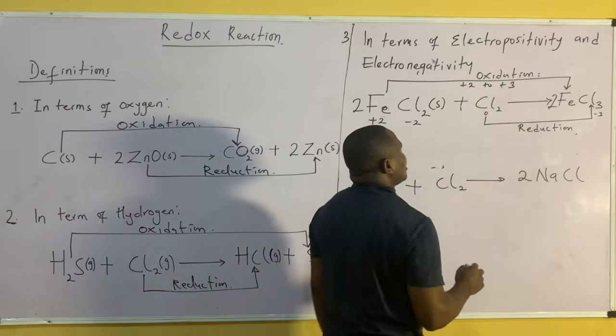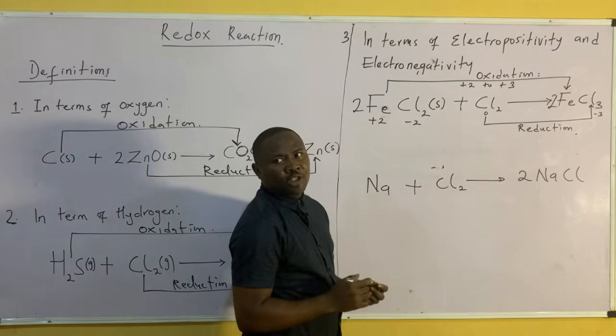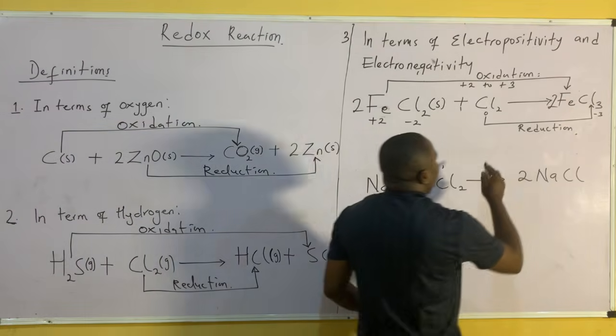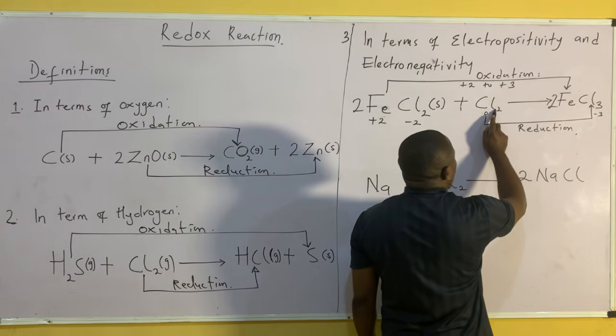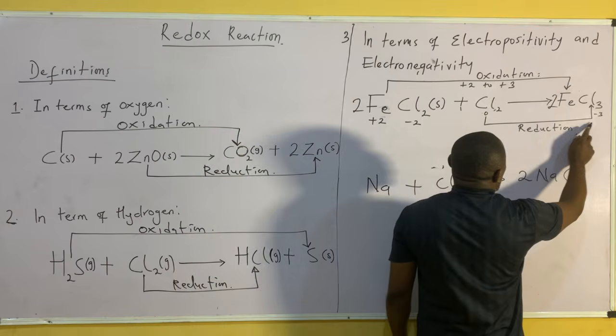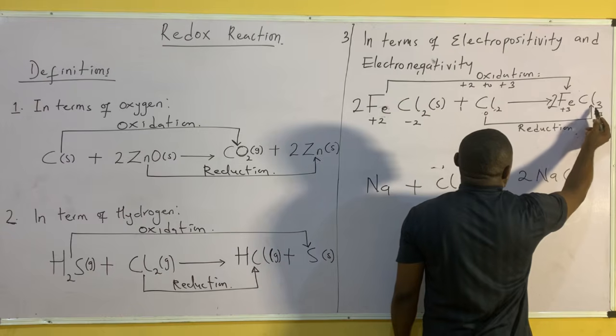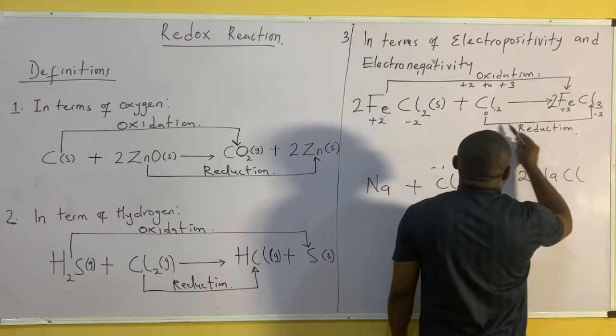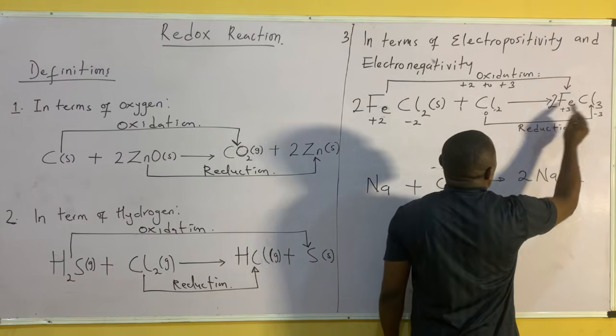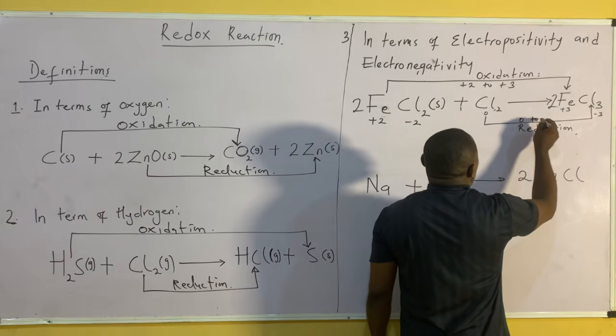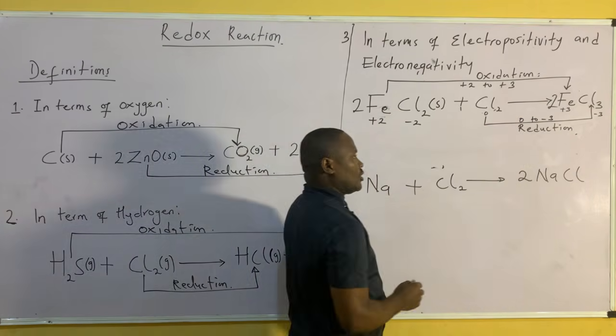That's what iron is changing from. That's why we say oxidation. But if you look at this part, chlorine in its state here is 0, becoming -3, because this is +3. Iron is +3, chlorine is -3. So it means that this is what now? Reduction. 0 to -3 is reduction.